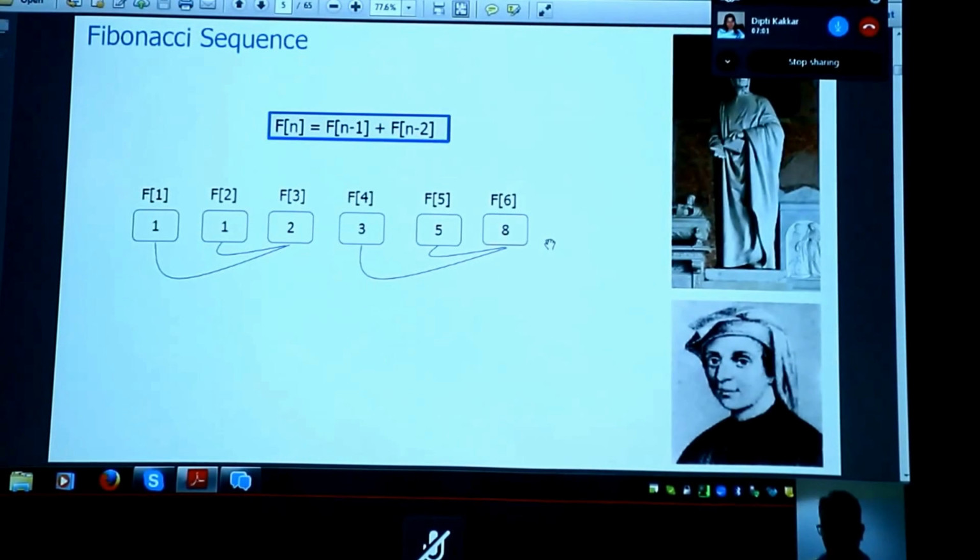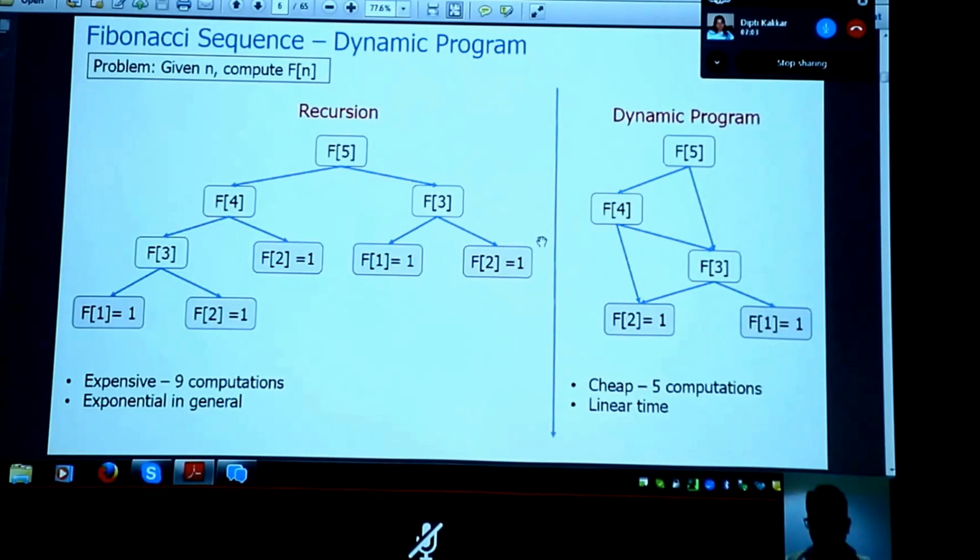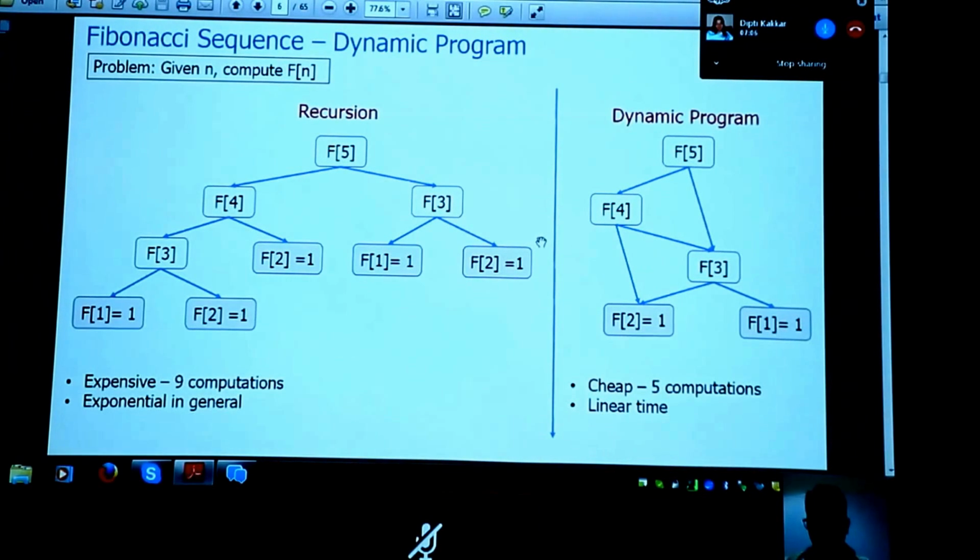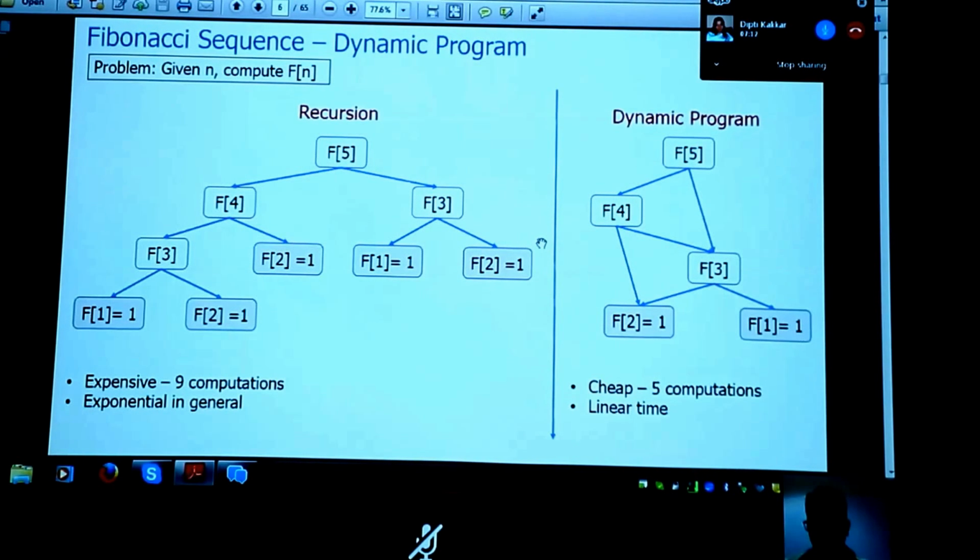Now, suppose we wish to compute f of n. Somebody gives you the index n, and they ask you to find the Fibonacci number fn. For example, f5. This is how the normal recursion will work, right?